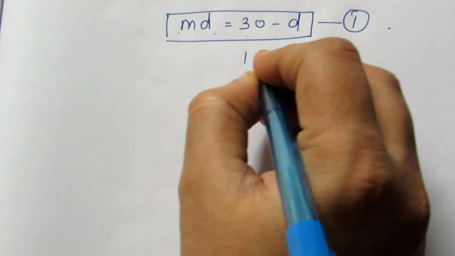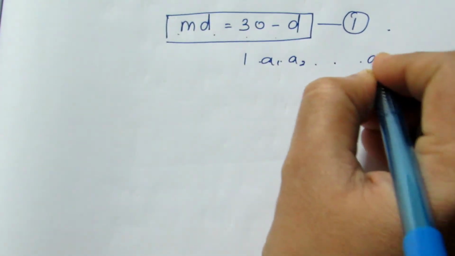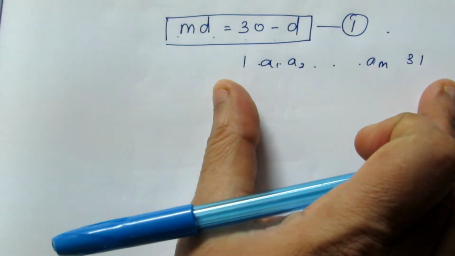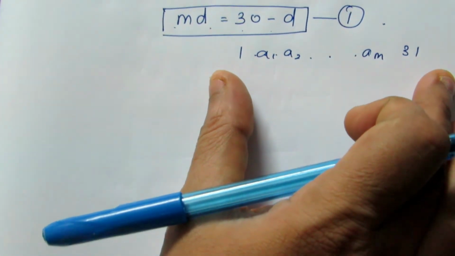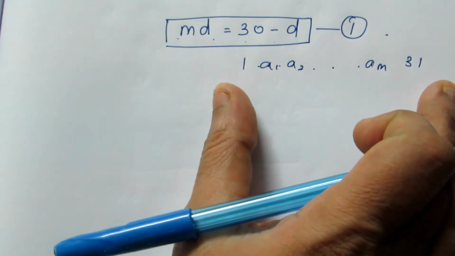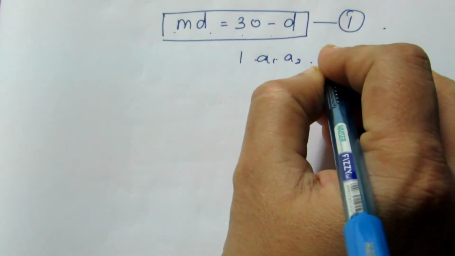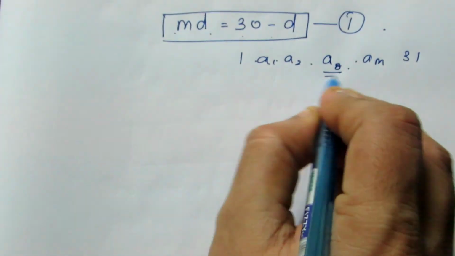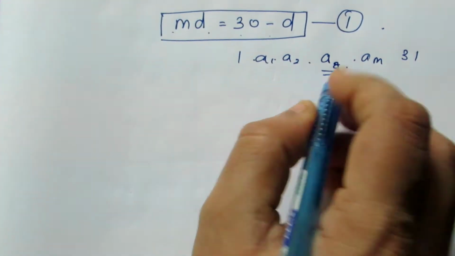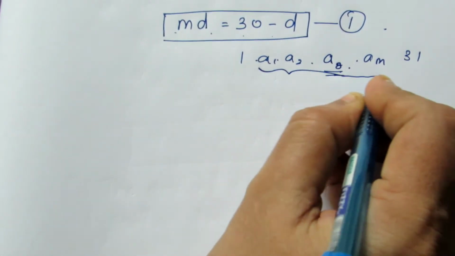Here they have given 1, a1, a2 till am, 31. There are this many terms in the given AP, and they have given the 7th term. The second thing given is that the 7th term and the m minus 1th term are in the ratio 5:9. If I take the 7th term, in this case my 7th term will be A8, because we have calculated the first term from the second term.